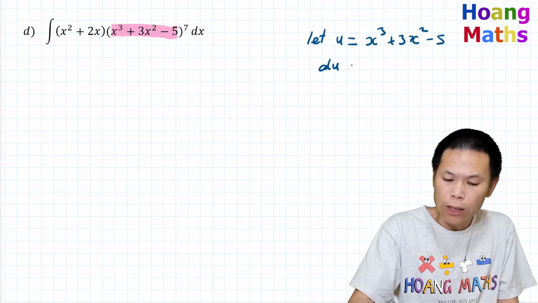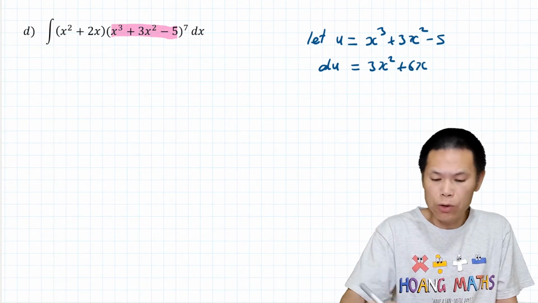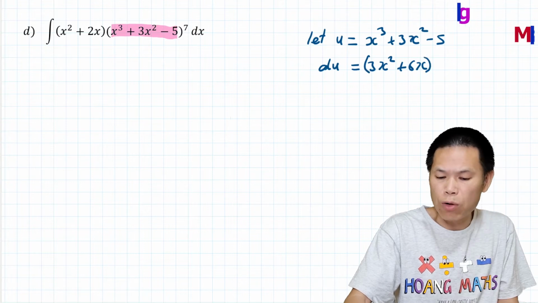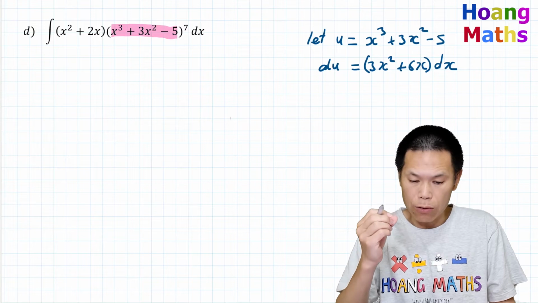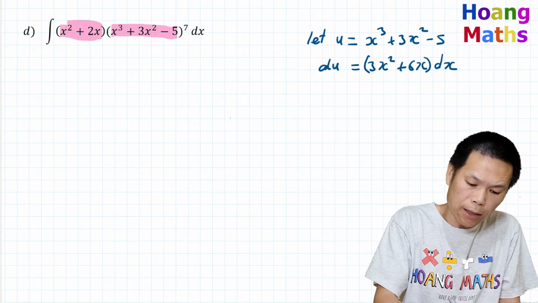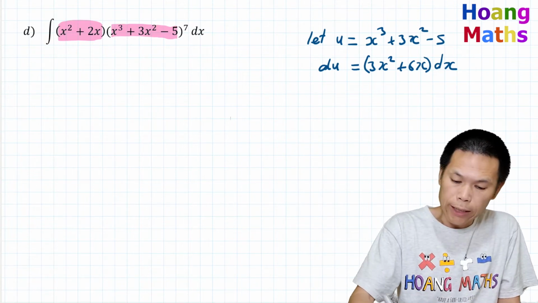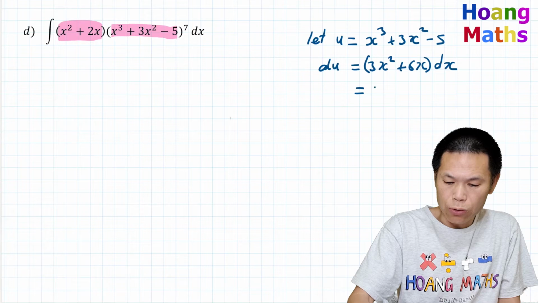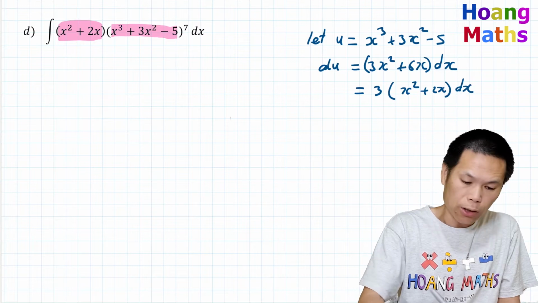So du is equal to 3x squared plus 6x, and it is more than one term, so I just open and close brackets, dx. What I do now is take out the common factor, because we want to make the function become x squared plus 2x. So I take the 3 out: 3 brackets x squared plus 2x, and dx. There you go.